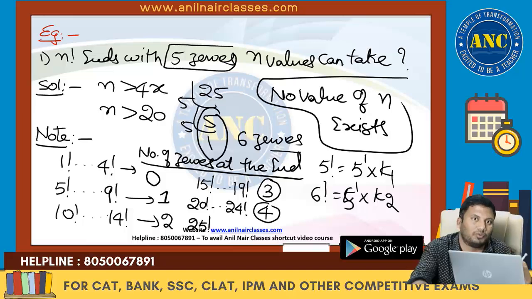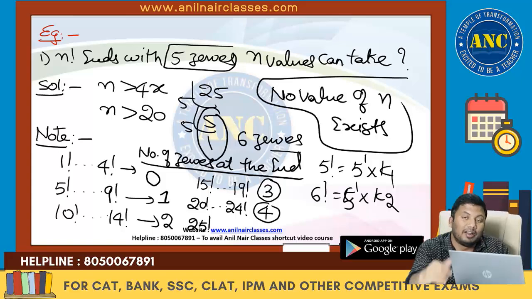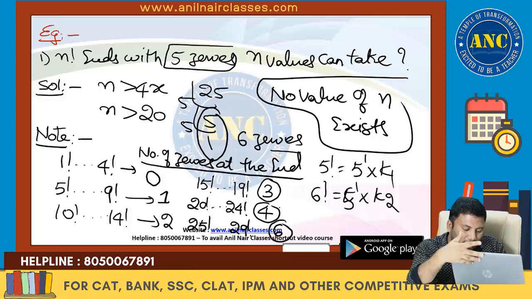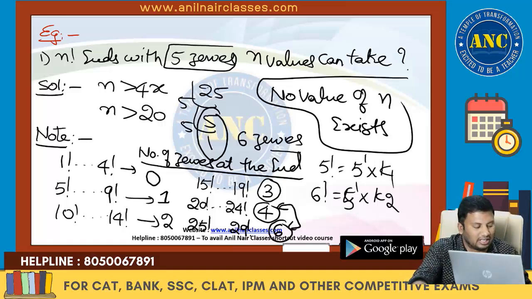From 0 to 1 there is 1 increase, 1 to 2 there is 1 increase, 3 to 4 there is 1 increase, but 25 is 5 square, so there will be a jump of 2. So there is no n with 5 zeros at the end. The answer for this question is: no value of n exists.